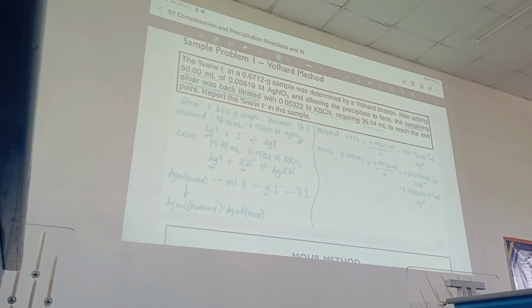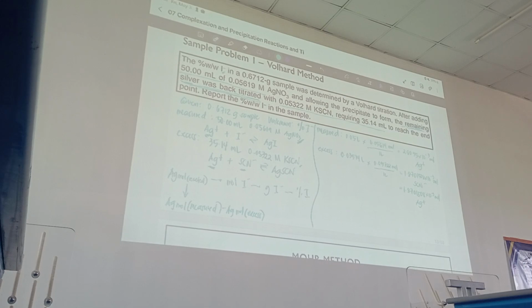Kung duha ka ng Ag, i-divide ninyo sa Ag. Kung duha ka SCN, i-times 2 din yung SCN na value. Pero 1:1 naman na siya. Standard naman na potassium thiocyanate sa ballpark method, so hindi mag-iba kung ano ang gamit. 1:1 na siya.